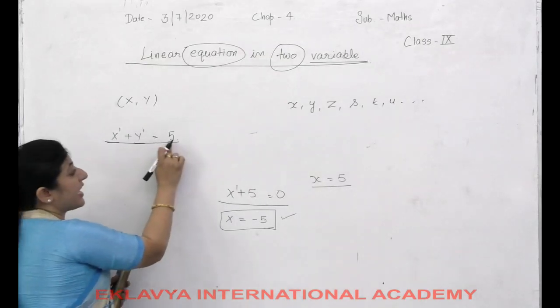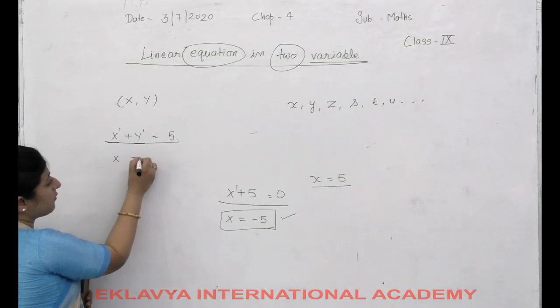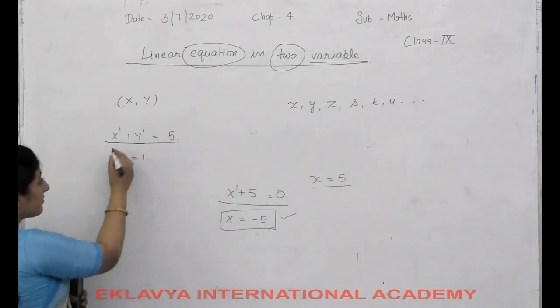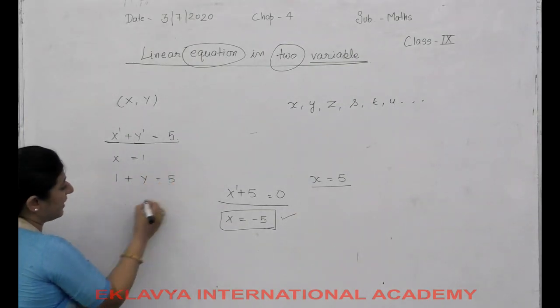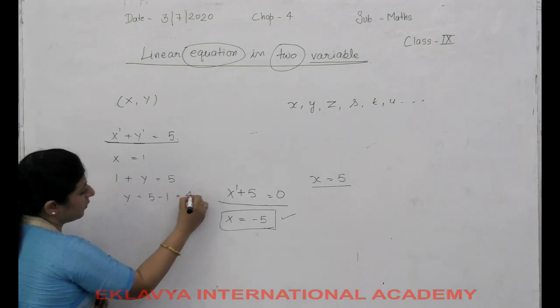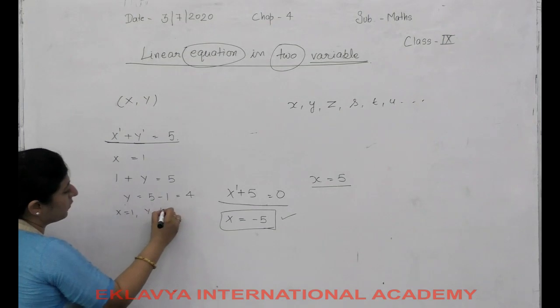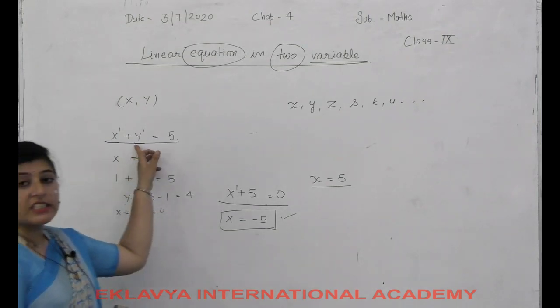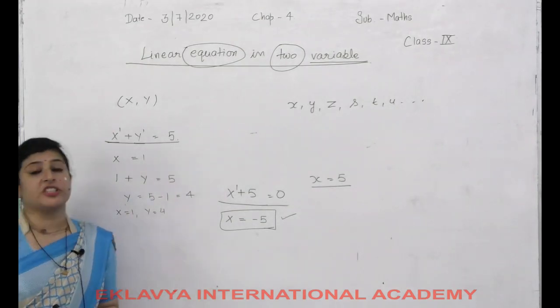x plus y is equal to 5. Suppose I write x is equal to 1. Then put it: 1 plus y is equal to 5. y is equal to 5 minus 1 is equal to 4. It means x is equal to 1, y is equal to 4 satisfies this equation. This is a solution of this equation.